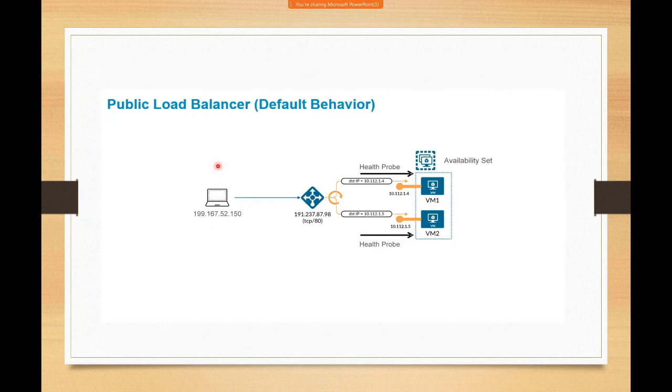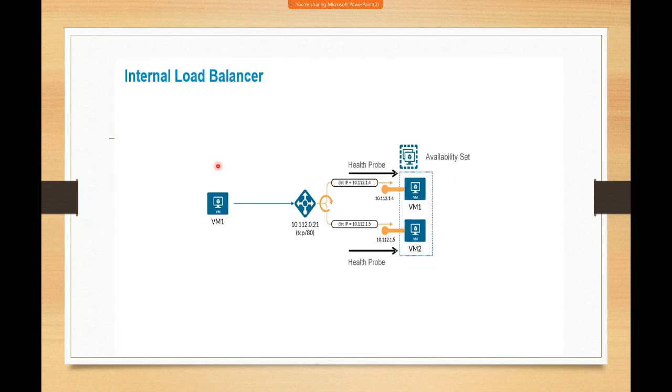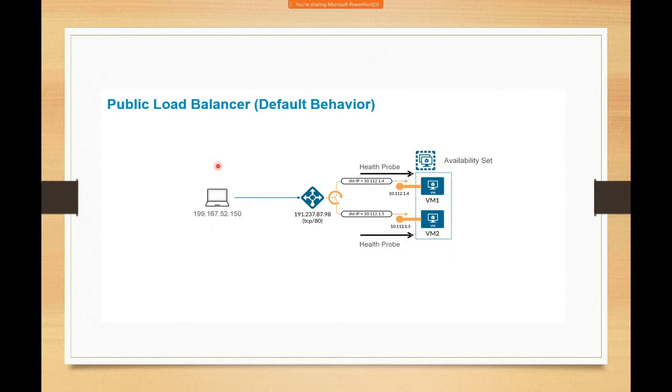I just explained about the internal load balancer, and now I will explain the public load balancer, which is also known as external load balancer. As the name implies, public means public IP. The external load balancer will always contain the public IP address.